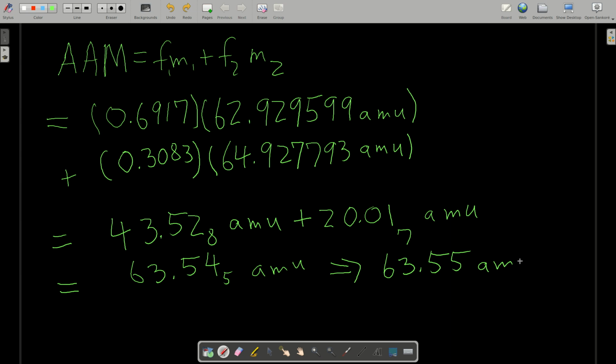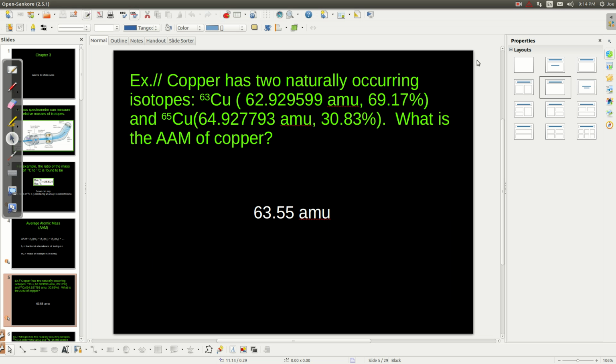And so we get 63.55 AMUs as the average atomic mass for copper. But that's going to be on the periodic table anyway.